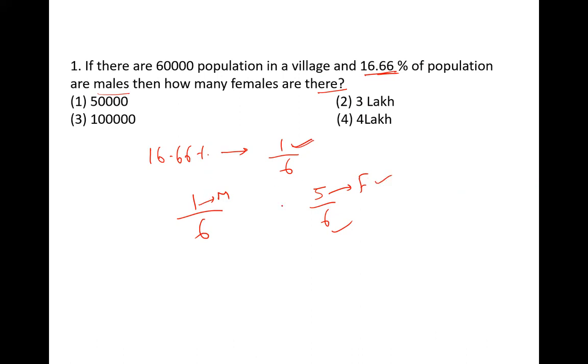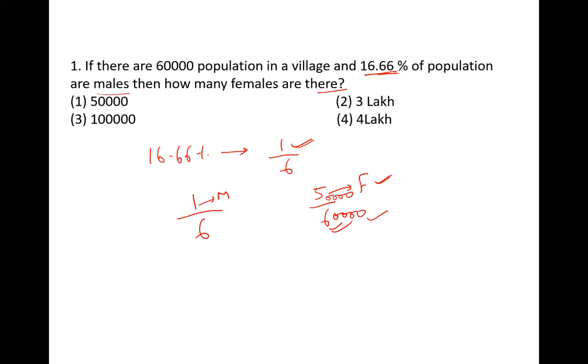Okay, so in our assumption, total population is 6 and 5 are females. But according to the question, what is the population? 60,000. Means if we go from 6 to 60,000, we will multiply by 10,000, then we'll do 5 to 50,000.